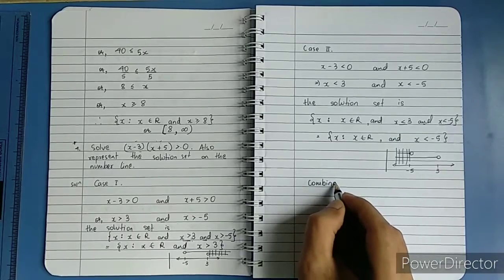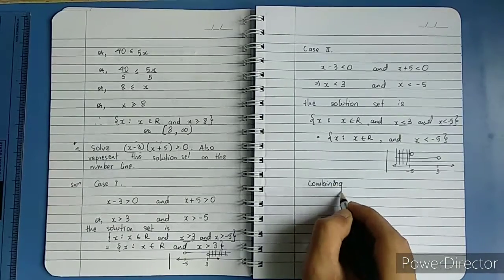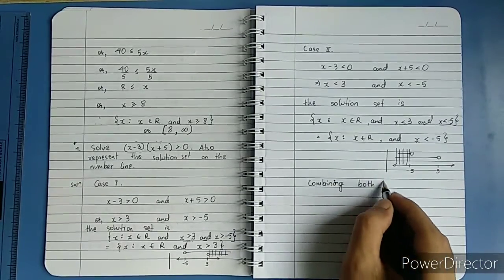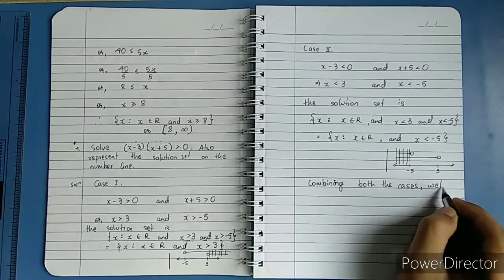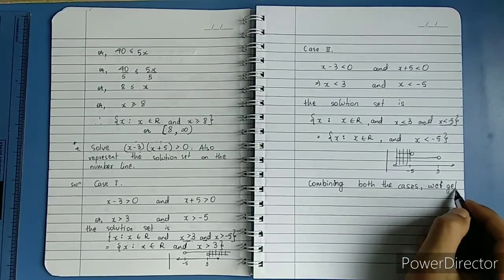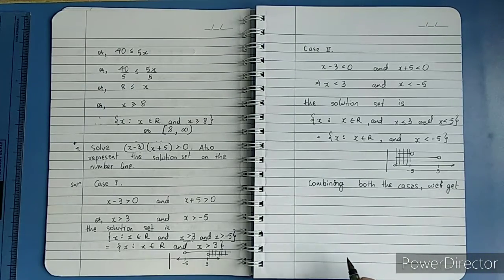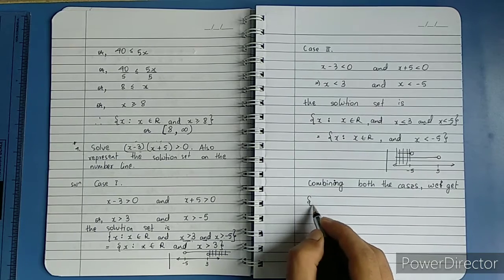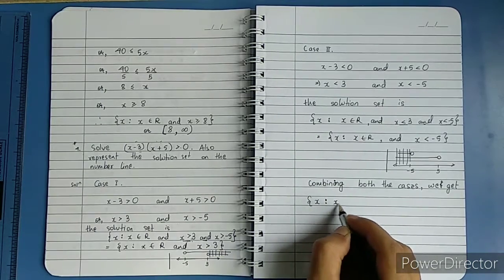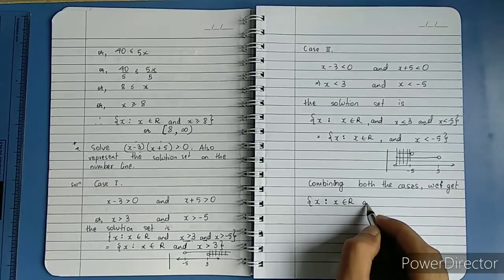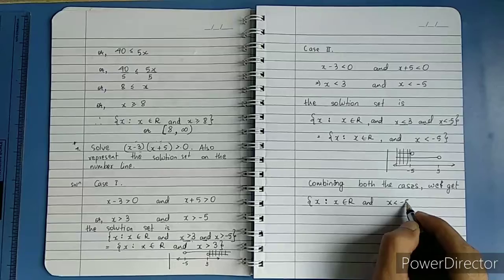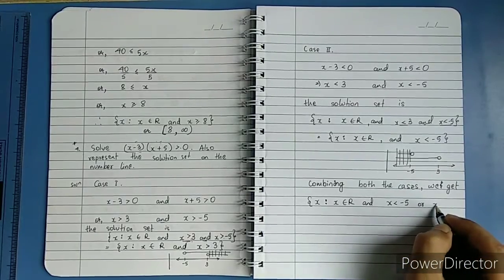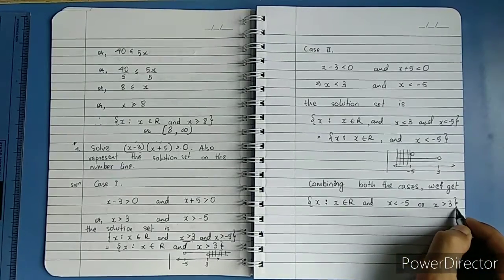Combining both the cases, we get x such that x belongs to real number and x is less than minus 5 or x is greater than 3.